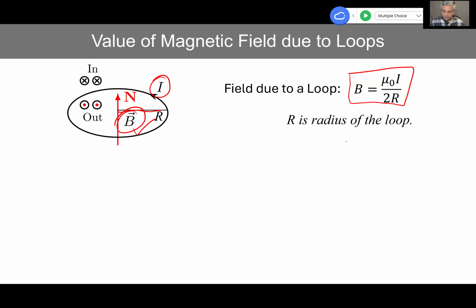If you recall, for Coulomb's law, we wrote k Q1 Q2 over r squared, and later we also used this epsilon naught, which is basically related to k. So instead of writing this, we can also write Coulomb's law like 4 pi epsilon naught r squared. We said this is the electric permittivity.